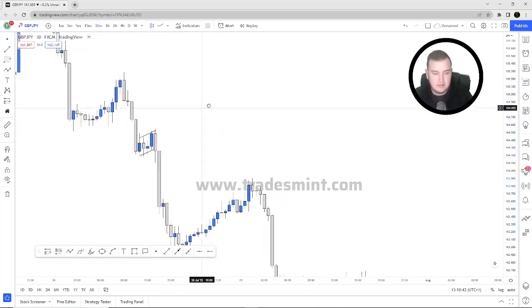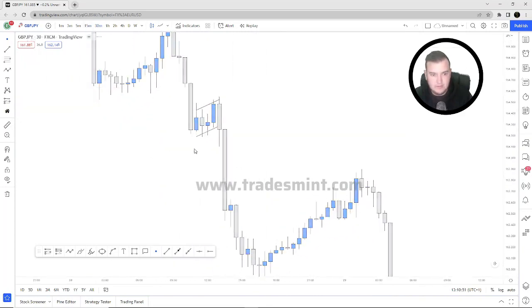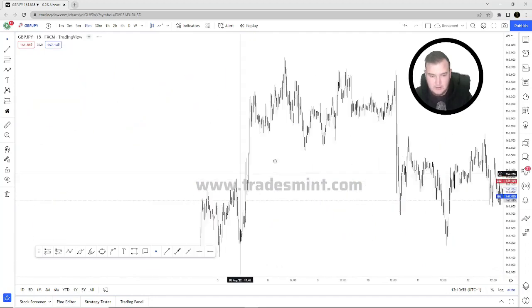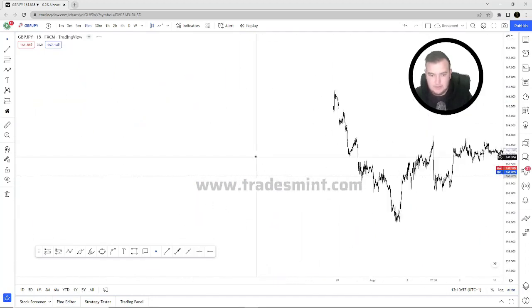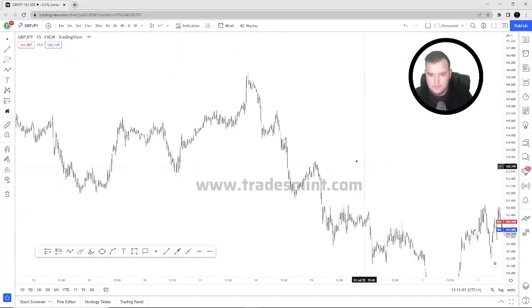And if I had to look at this, we could take an entry on the break of this correction, meaning we could either go to a 15-minute time frame, for example. Let me just get back to where price was. Right, over here.